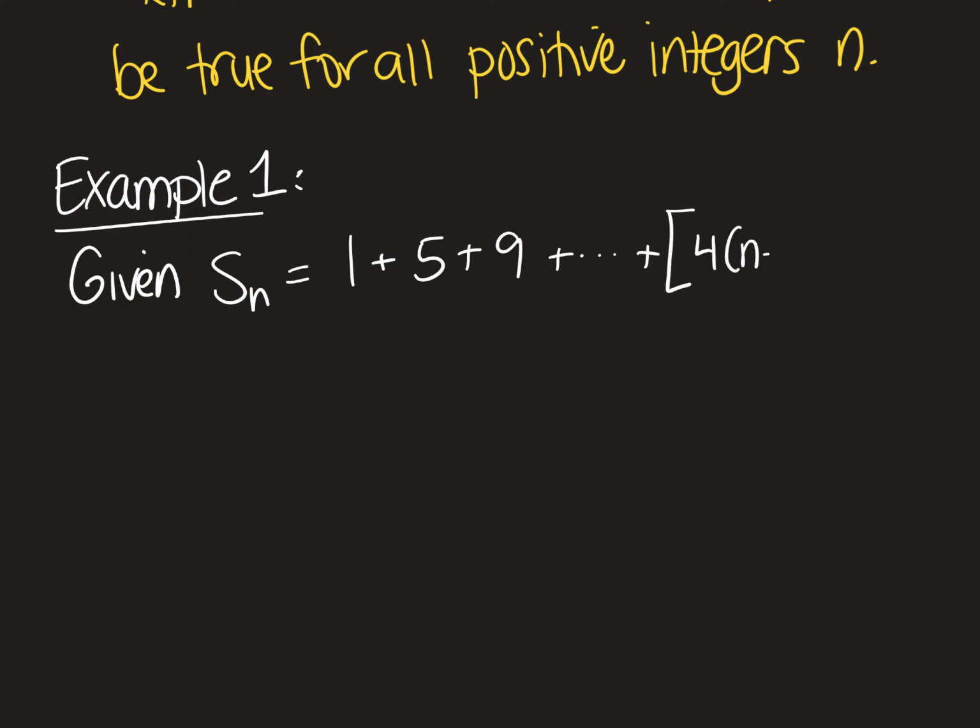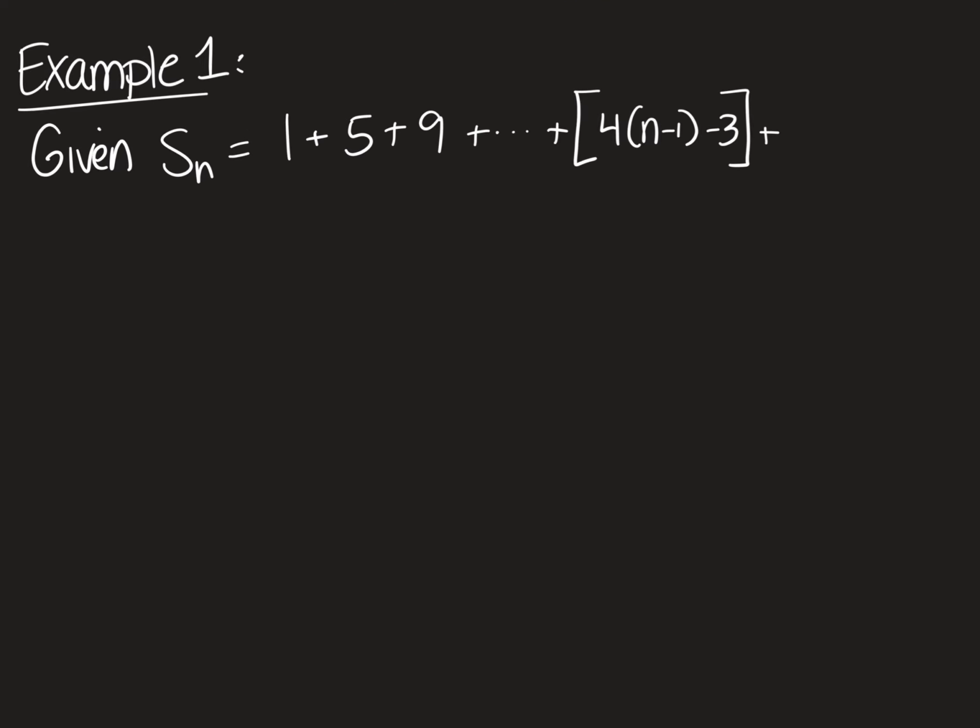So let's say that this is just how we generate the terms of our sequence, S sub n. We generate the terms by saying 1 plus 5 plus 9 plus ... Any term in the sequence can be found by just doing 4 times the term number minus 3.